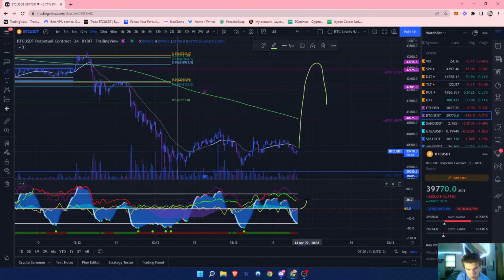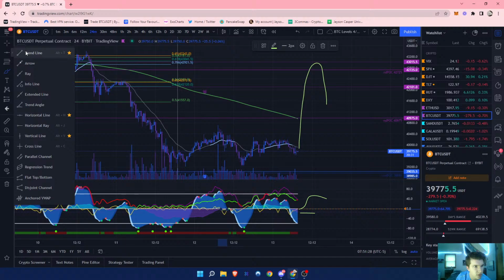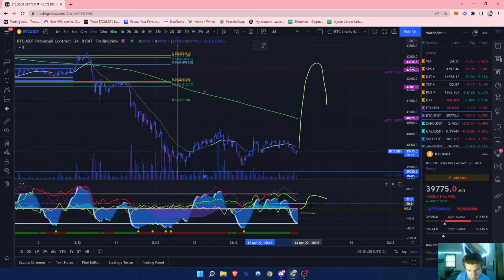Then I want to see a divergence below this level right here. Now this is kind of pushing it because the money flow should lag. Again, I want the money flow to be lower than this point right here. Overall, you can see the money flow has been coming up, but hopefully it'll come down a little bit more, and then we'll get a nice divergence based off of that.